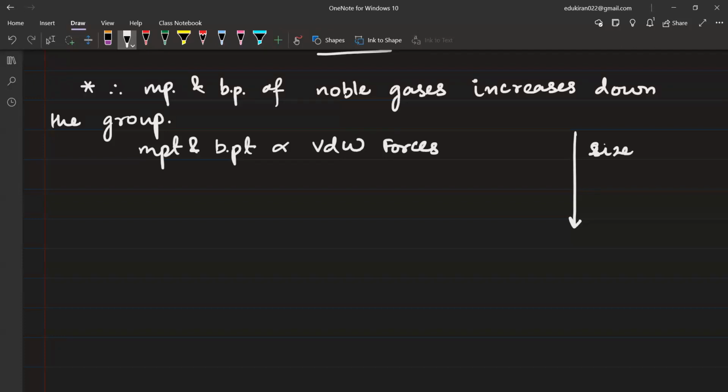Size also increases and molar mass increases. Okay. Done everyone? Yes, no, please tell me.